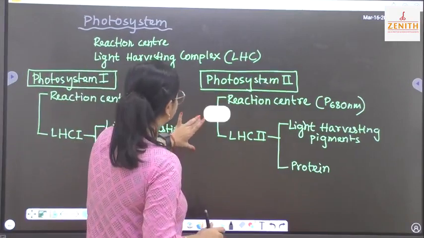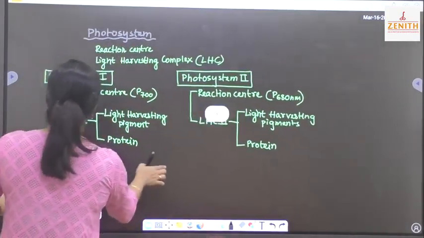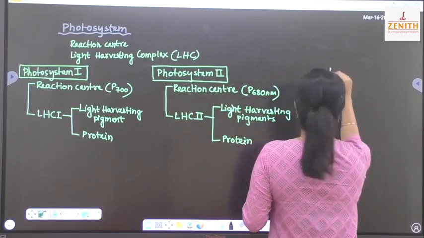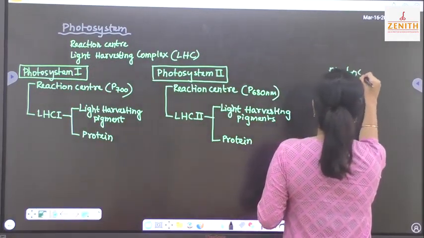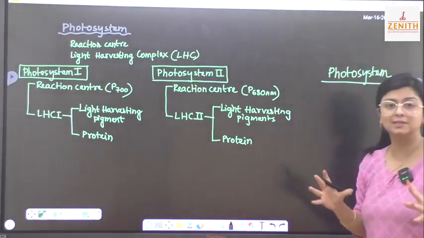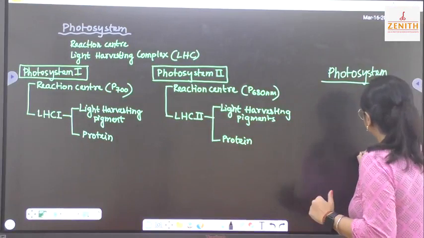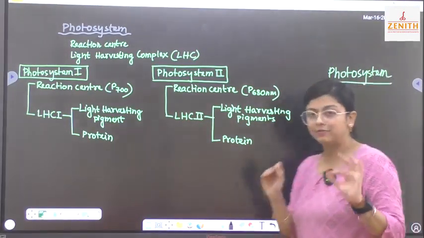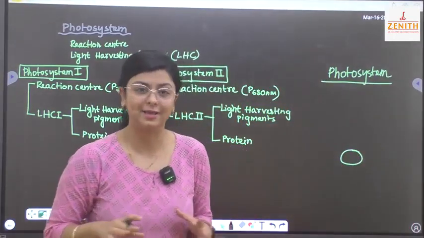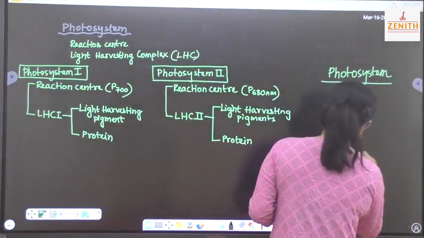Now if we draw this photosystem, we know that the photosystem consists of a reaction center. Chiefly in photosynthesis, the reaction center is chlorophyll A. So this is the reaction center.